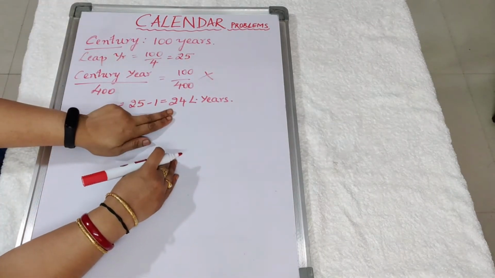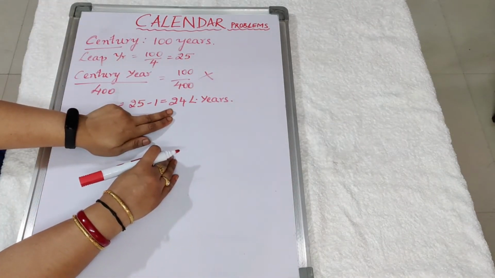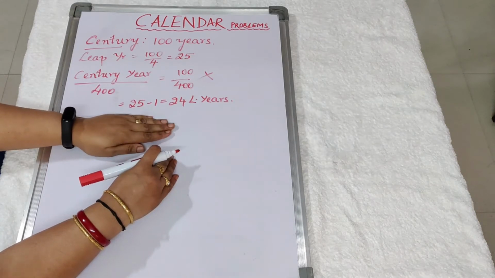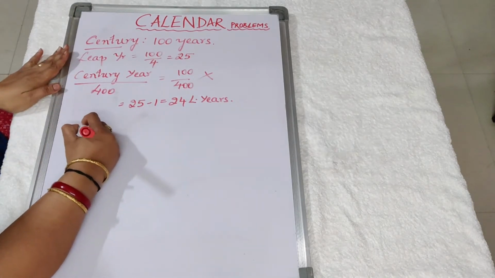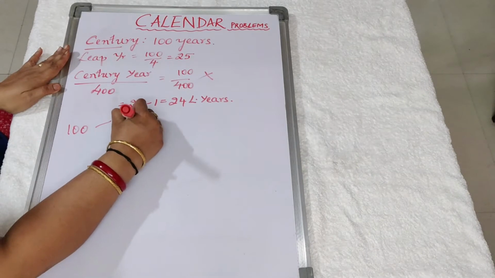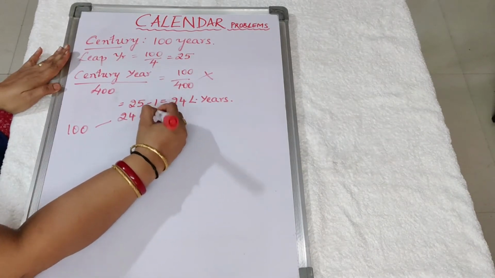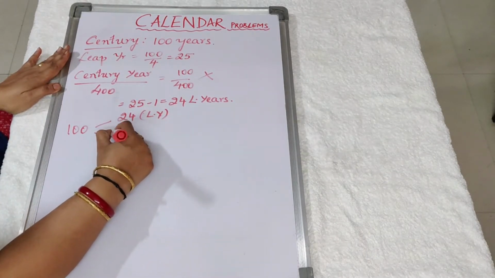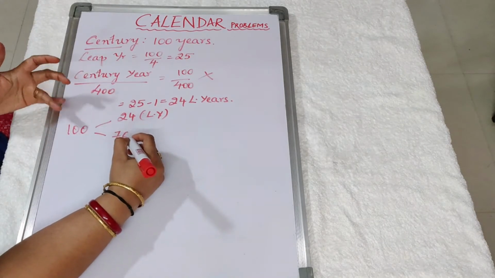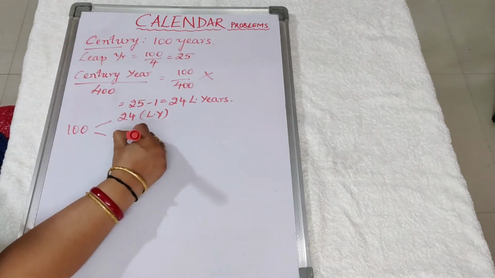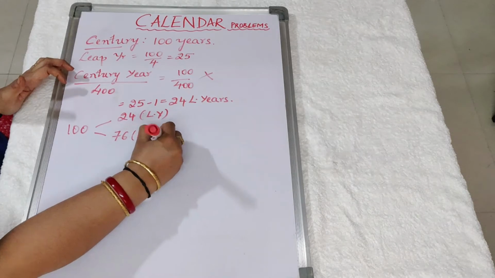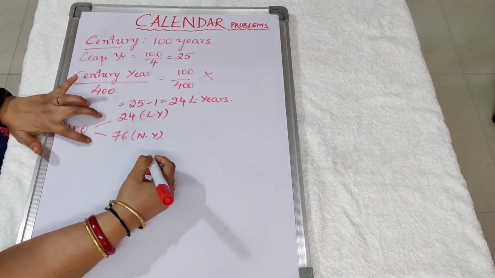So we have 24 leap years. Hope I am clear with this. Okay, so what do we have in a century? We have 24 leap years and we have the remaining 76, of course. 100 minus 24 is 76 normal years. Am I right?